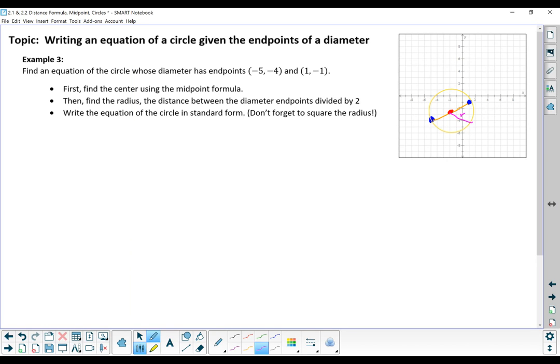To find the center, we will use the midpoint formula, and that would be our first step. The midpoint formula is just the average of the x's and the average of the y's.